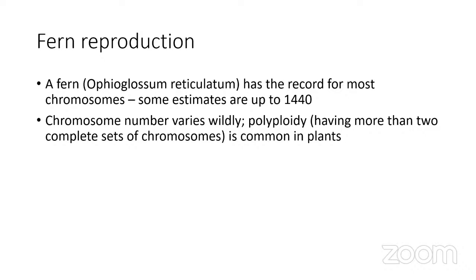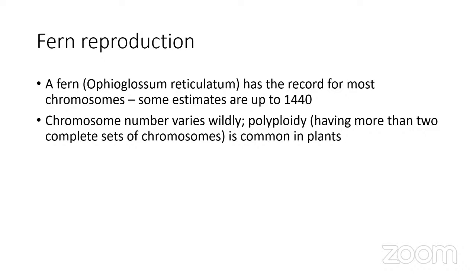Some estimates for this fern, Ophioglossum reticulatum, are up to 1,440 chromosomes. You can see why the geneticists trying to make these phylogenies maybe have some trouble. Another thing that is true about plants generally is that the chromosome number from any species can differ a lot.